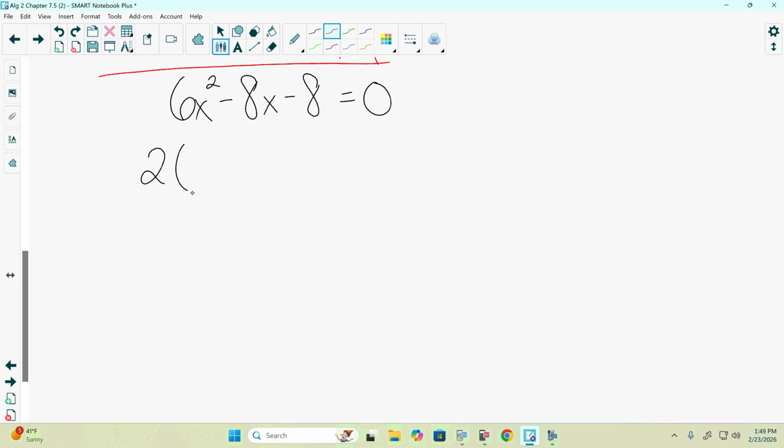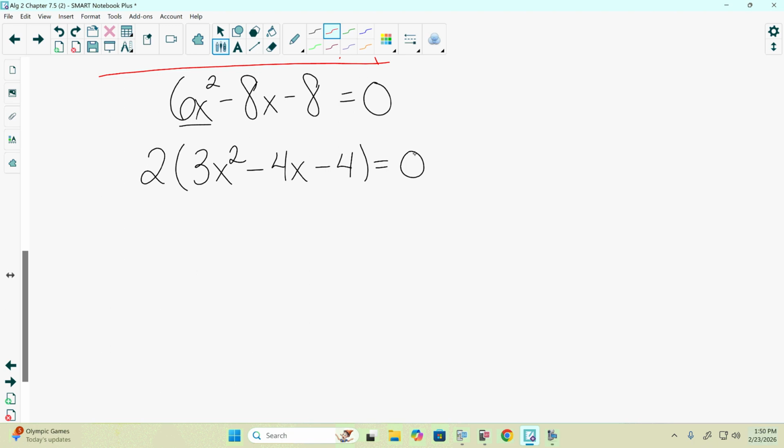And we're going to divide it out and put it out front, because our 6x squared, 6 divided by 2 is going to be 3, telling us that we have 3x squared. Our 8x, if we factor that 2 out, 8 divided by 2 is going to be 4, giving us -4x. And if we divide that 8 by 2, we get 4, because we're factoring it out.